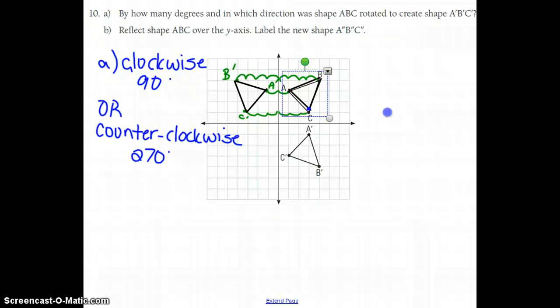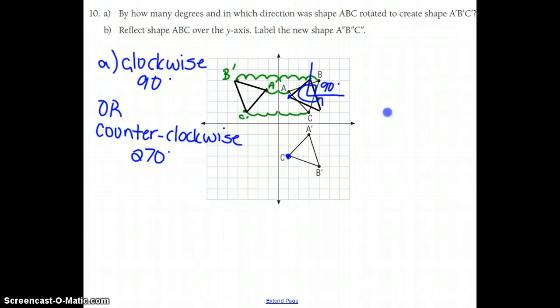So if I go to rotate this, I want point C here to be where point C is right here. So I'm going to take this shape and rotate it. And you can see that right there is where the point C lines up. And at that point, I have actually rotated it 90 degrees clockwise. You could also write that as 270 degrees counterclockwise if I had went this way.